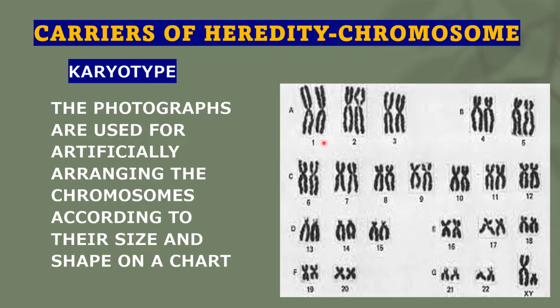That is called karyotype. The photographs are used for artificially arranging the chromosomes according to their size and shape on a chart. That is called karyotype. Very important definition, you have to remember this. Artificially arranging the chromosomes according to their size and shape on a chart is called karyotype.